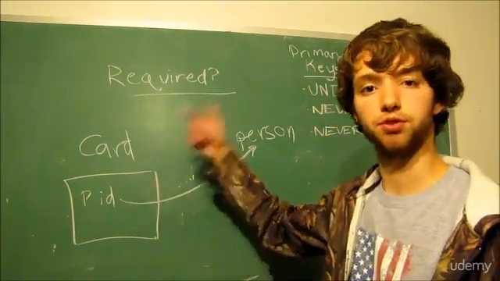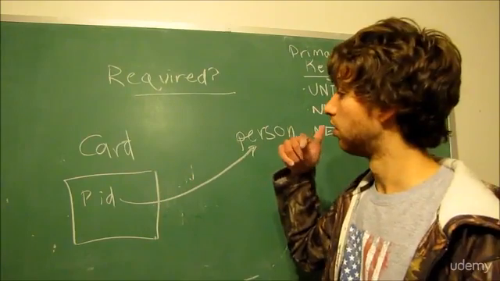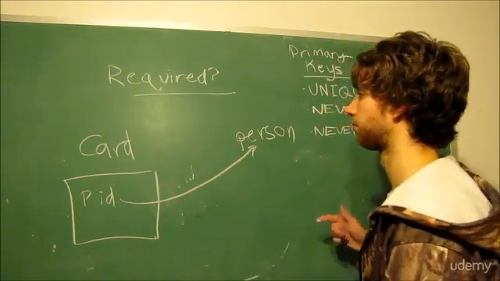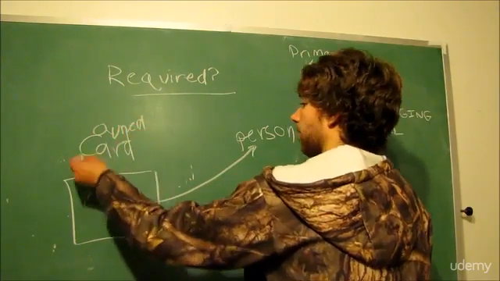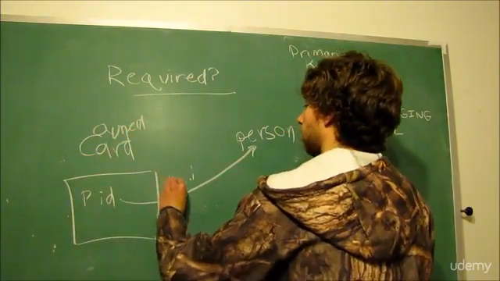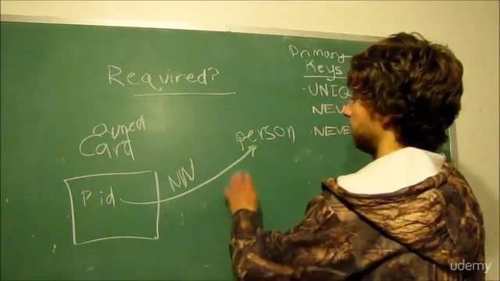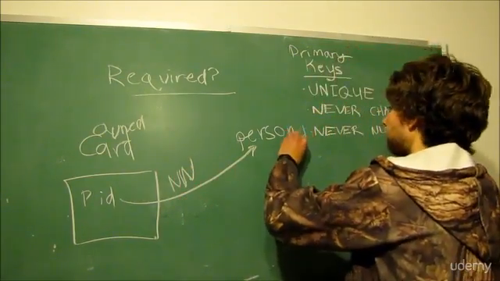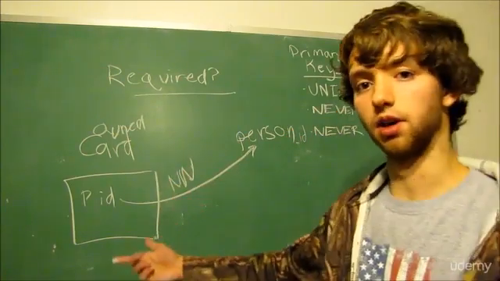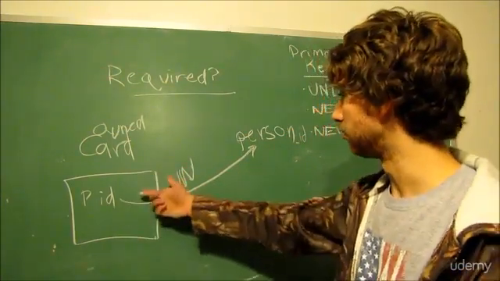So if you want this table to just be for cards that currently have an owner, well then we could have a not null column with the same data type as person ID. And now every single value is going to have a person ID.